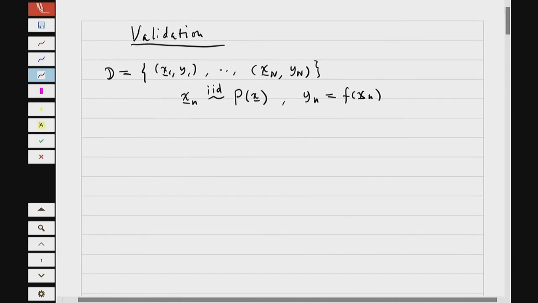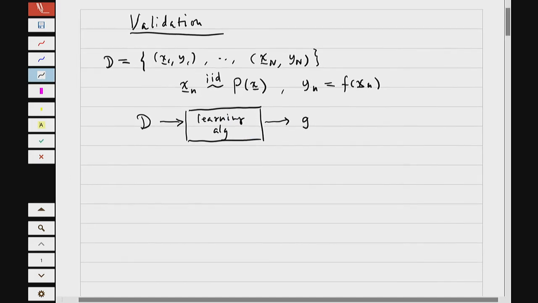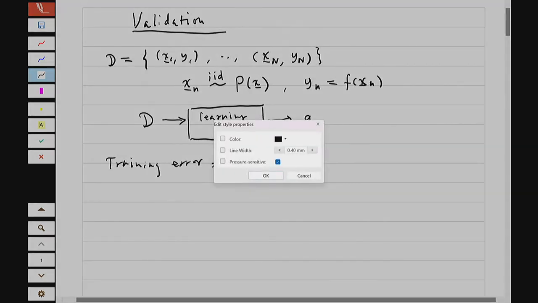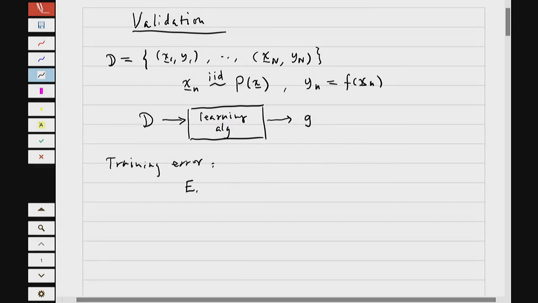Yeah. So of course, in general, you send the data points, the training data, into a learning algorithm. And the learning algorithm gives you a final hypothesis g. And then we can talk about the training error, which is, of course, our E in.